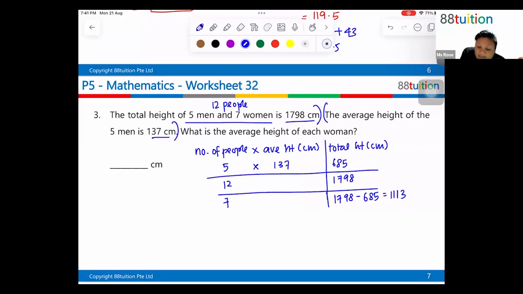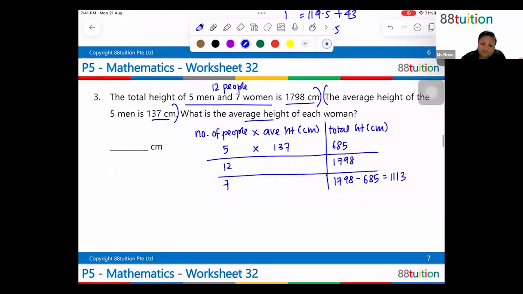So we know that the total height of 7 women is 1,113. So we divide. To find the average height of 1 woman, I take the total and divide by 7 to give me how much?